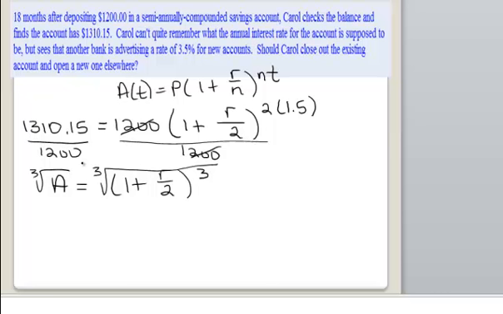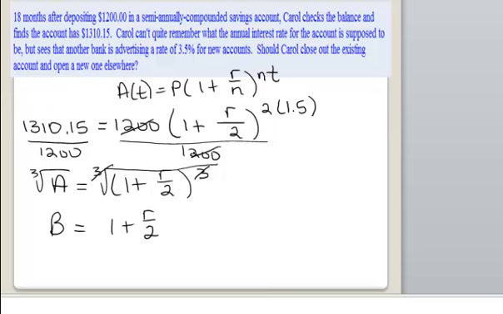So while this number is in my calculator, I'm going to raise it to the 1/3 power. Now I have another number. I'm going to store that in alpha matrix. That would be my B. So now I have B is equal to 1 plus R over 2. That's because these cancel each other out.